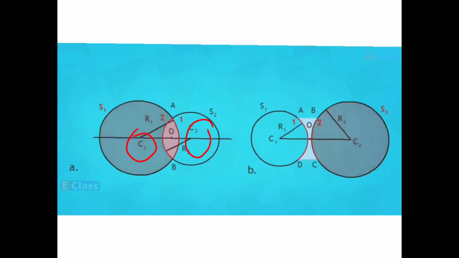So this particular lens has two centers of curvature, C1 and C2, as both the parts are spherical. Right? Here also, as both the parts are spherical, C1 and C2 are the centers of curvature for this biconvex lens. Now let us understand about the radius.